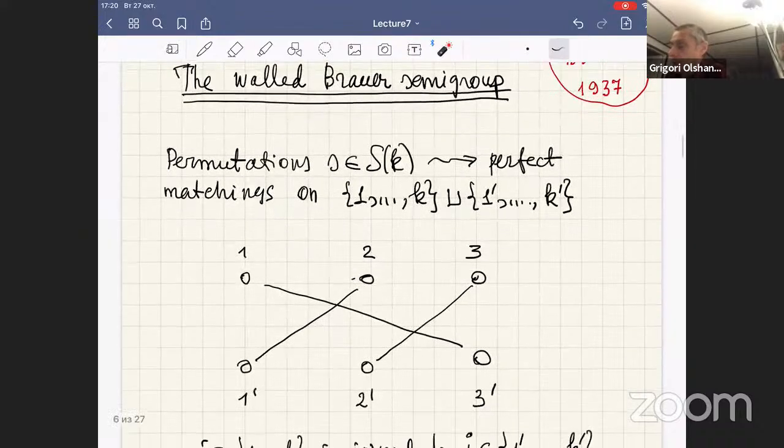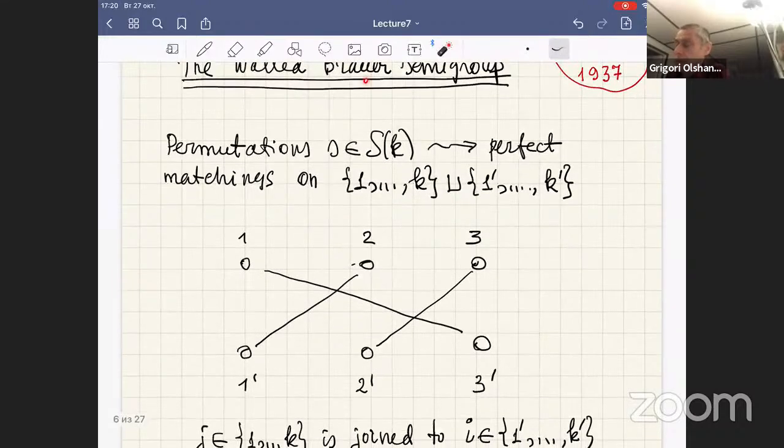So, what is the definition of this semigroup? It is convenient to use a special interpretation for permutations. We will represent permutations by some graphs, some pictures, which is quite simple.